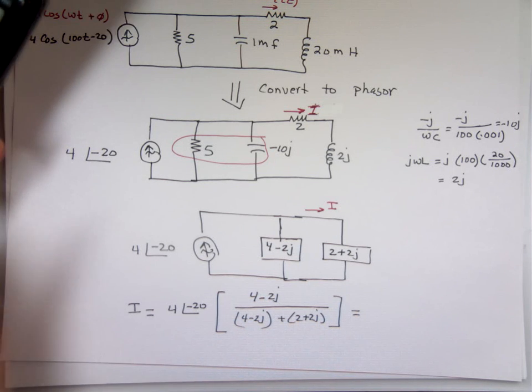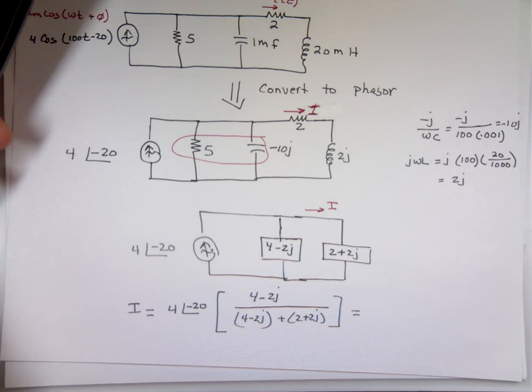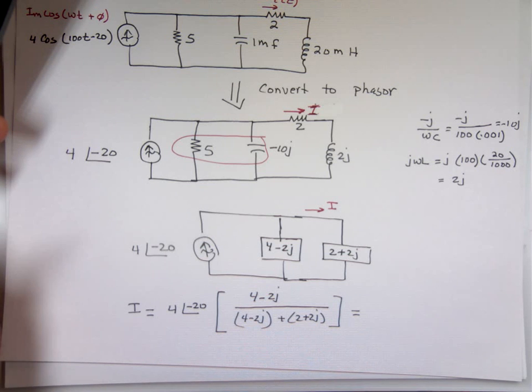So again, if you have one of those calculators, plug in the values, negative 20, now times 4 comma negative 2 divided by the real portion on the bottom, 6, and what happened to the j's?